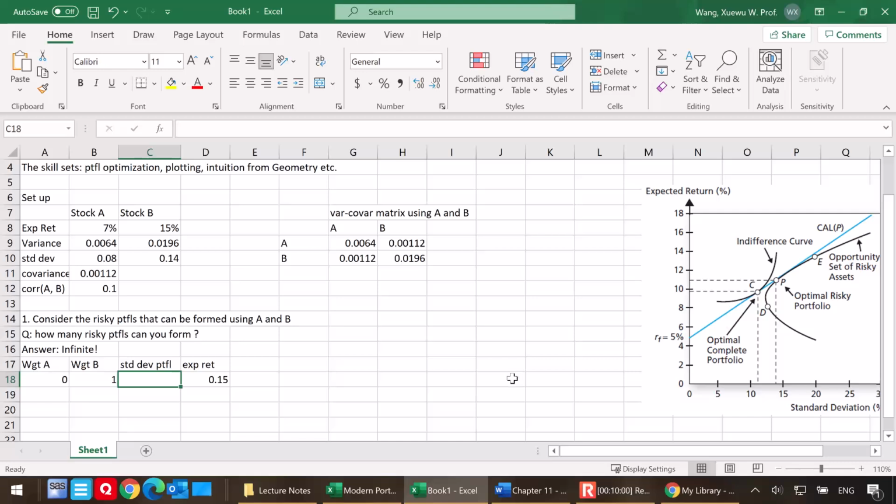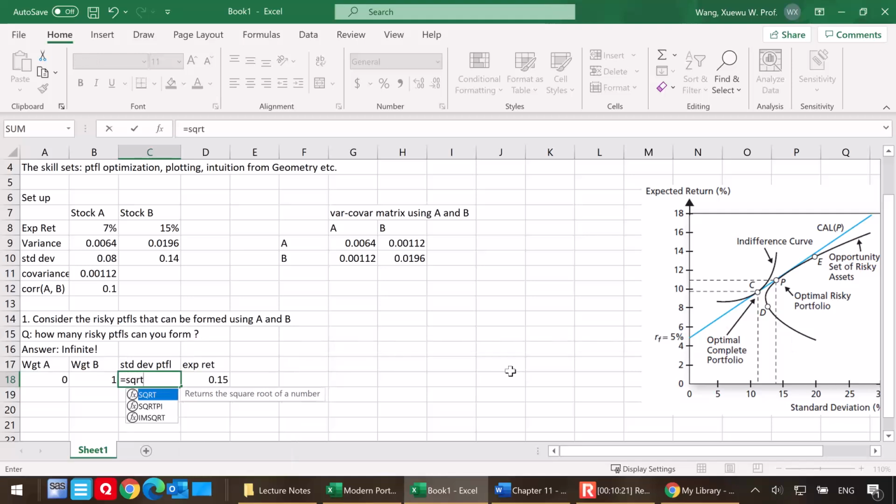Now I can look at my high-tech formula here. Watch me closely. If you are still a little confused, please review the risk and return discussion, as well as a separate video on how to calculate portfolio variance using matrix multiplication in Excel. I'm going to do a square root of the variance because I'm calculating the standard deviation. And I'm going to do a matrix multiplication. I'm taking the weights, I'm making a sandwich.